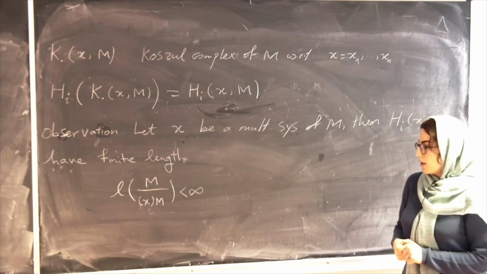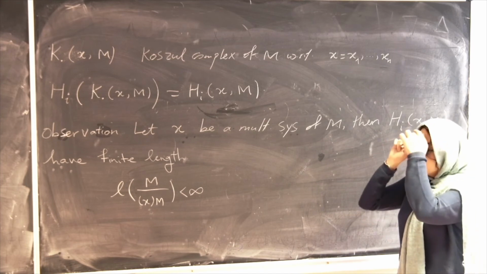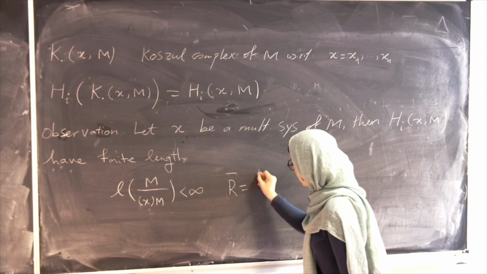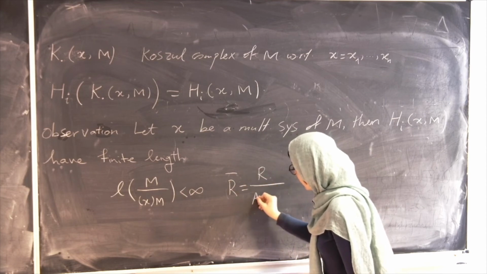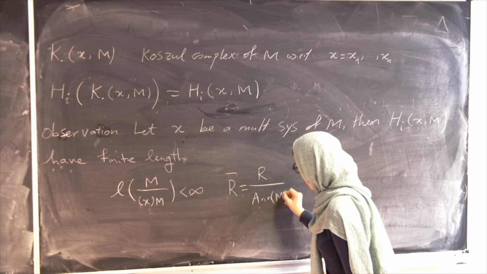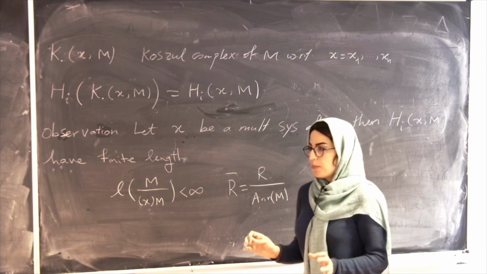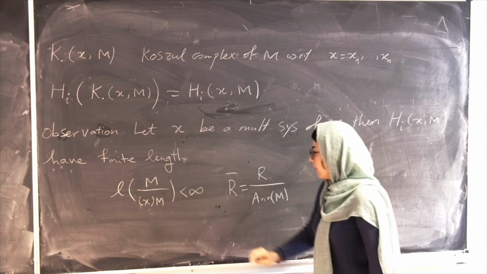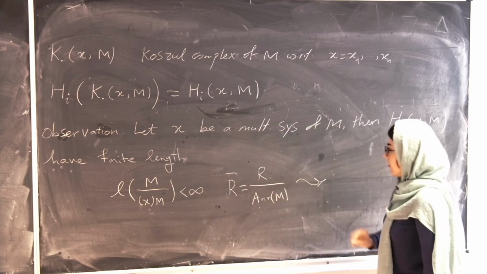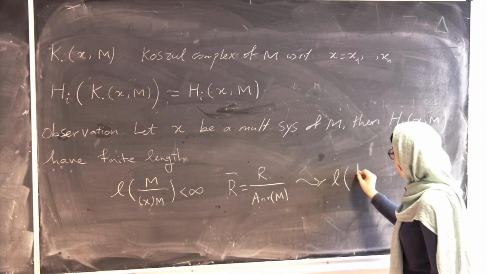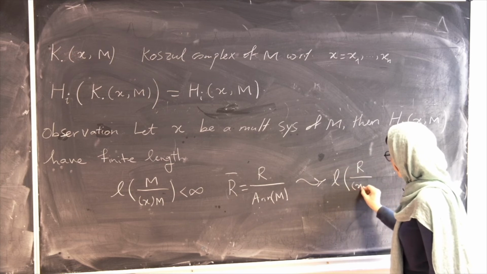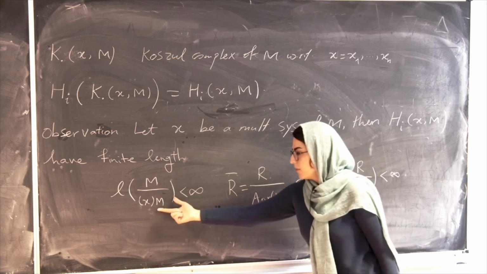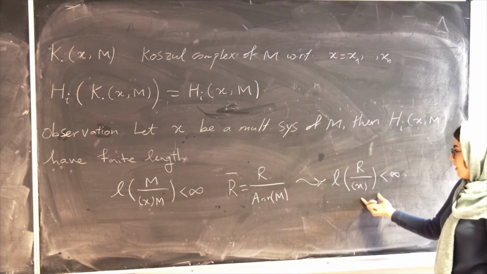Because the module M is also a module over the ring R mod the annihilator of M, I can replace R by R bar and assume that the length of R mod (x) is finite. By this replacement from this, I get this.